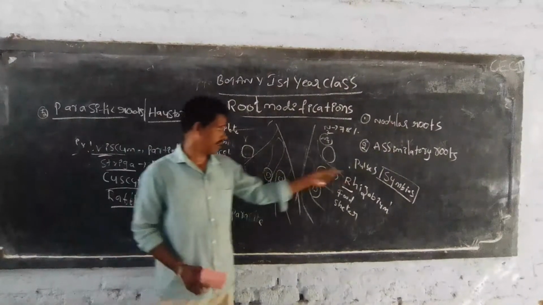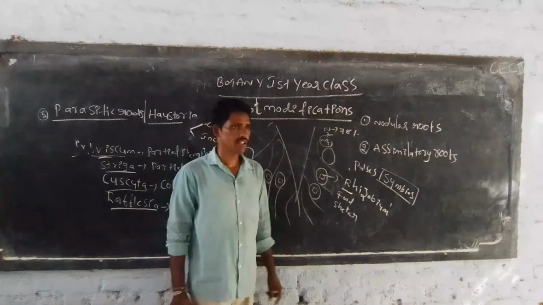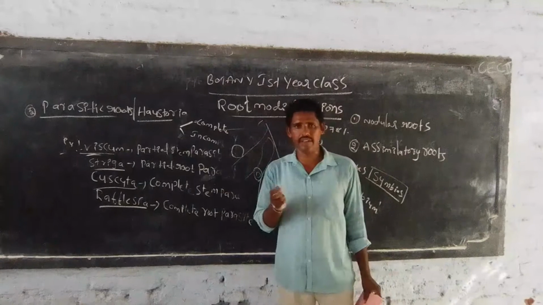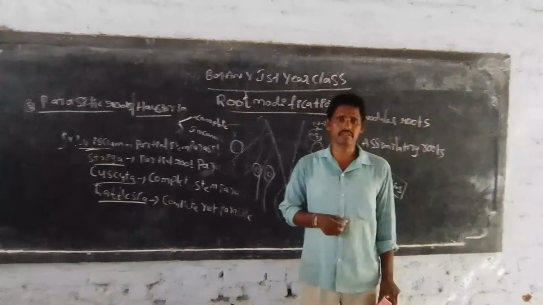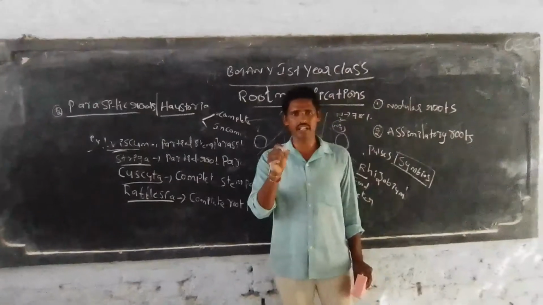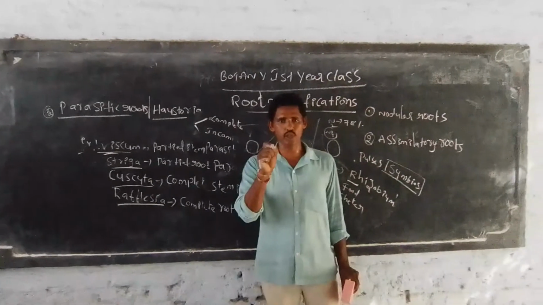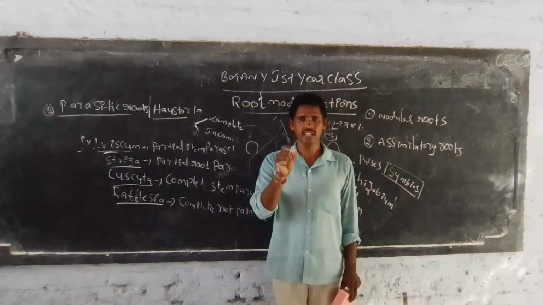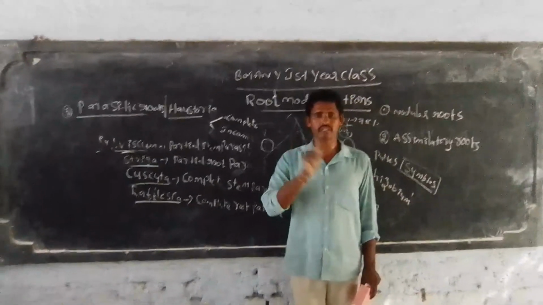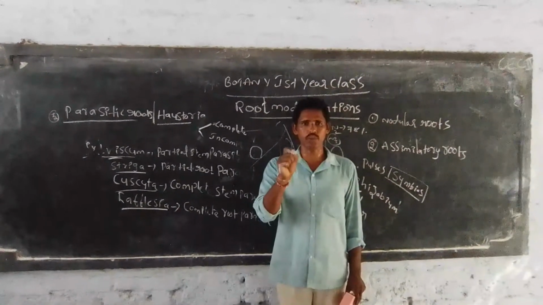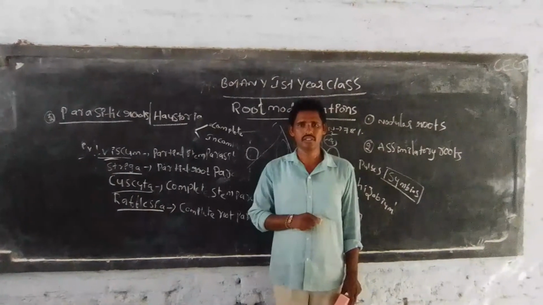See once again, root nodules are present in pulses plants. Root nodules have a special bacteria named Rhizobium. Rhizobium takes atmospheric nitrogen and converts it into nitrates.